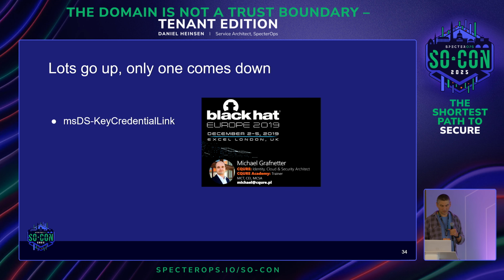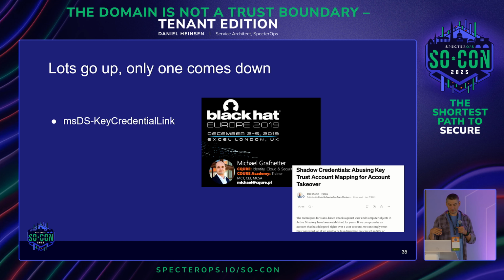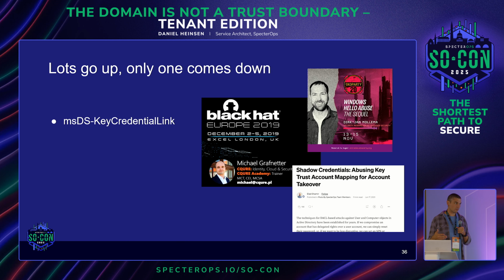And if that sounds familiar, it's been talked about quite a bit before. It was talked about, as far as I'm aware, six years ago at Black Hat Europe by Michael Grafnetter, and then Elad did a blog post about shadow credentials, and even as recently as last November, Dirk-jan did a talk about how to abuse this from cloud to on-prem.